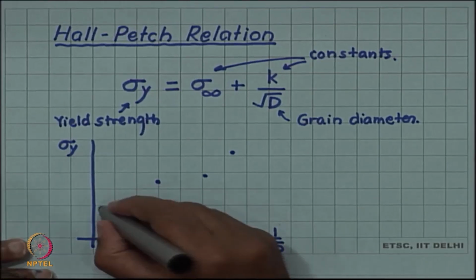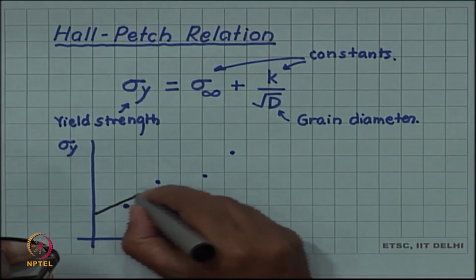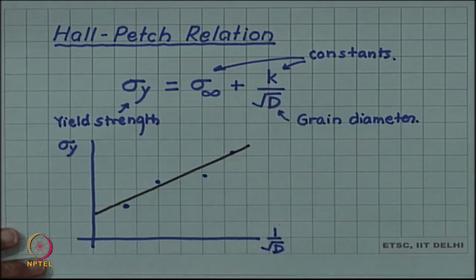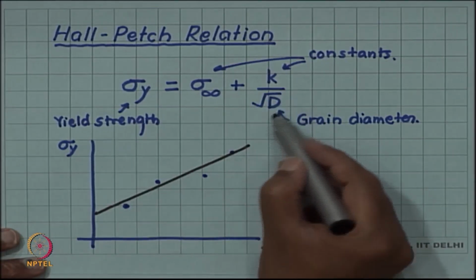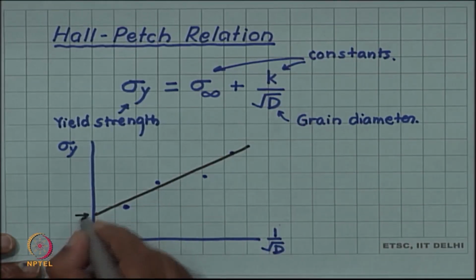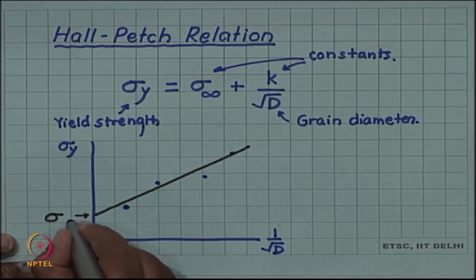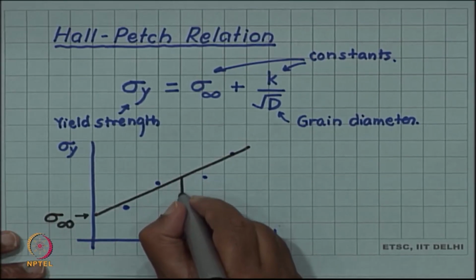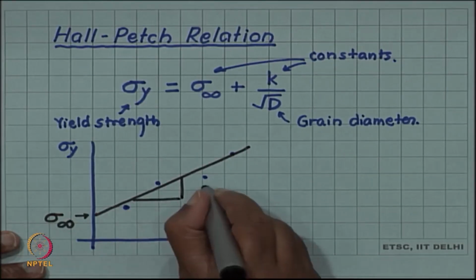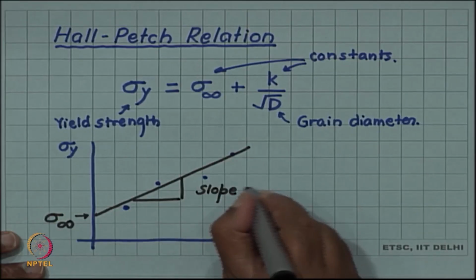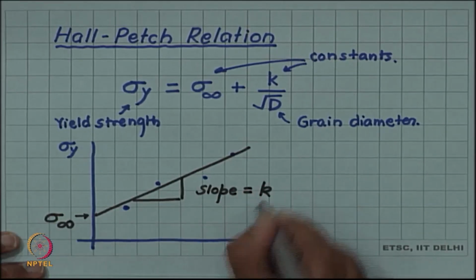To the experimental data, you fit the best fit straight line. The intercept, when 1 by root d is 0, will be sigma infinity, and the slope will give you the constant k.